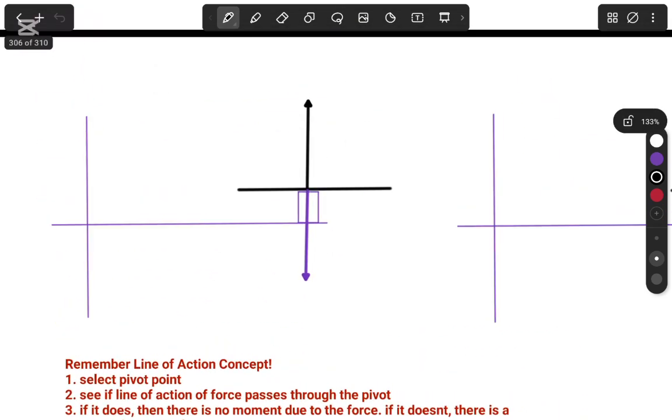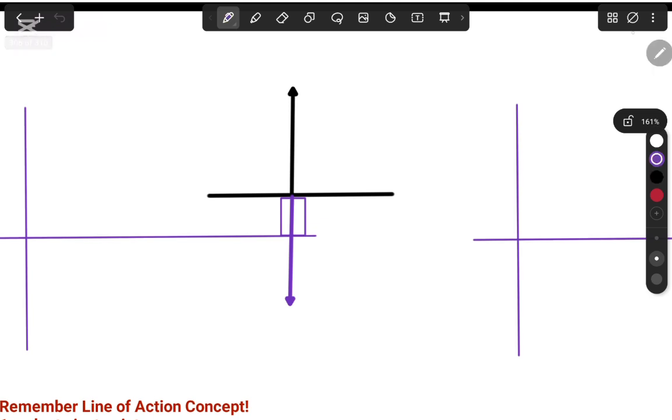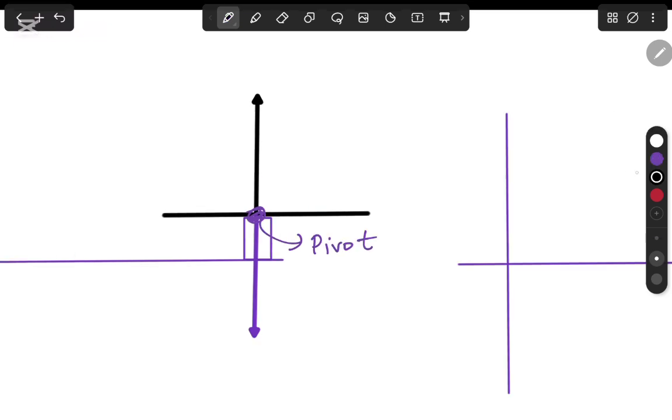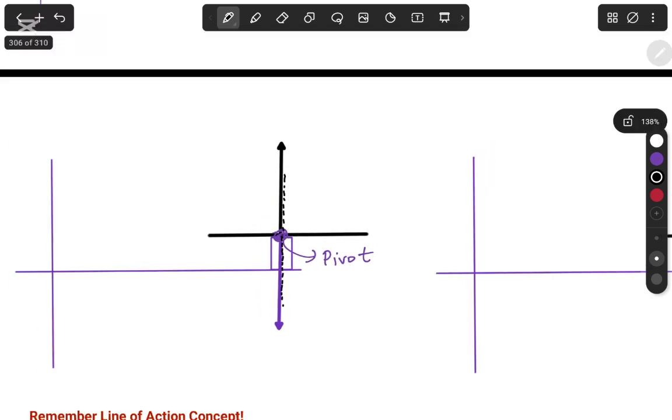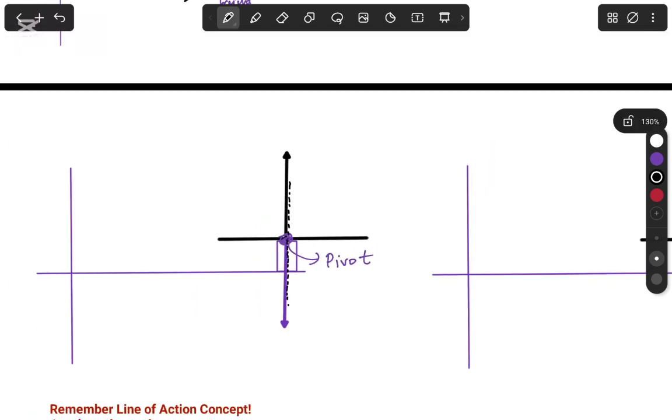So, what I'm trying to say is that let's take this point as the pivot. And what happens is that you can see that this is the line of action of the reaction force, and this is the line of action of the weight. When the line of action of weight passes through the pivot, the moment due to weight will be 0.